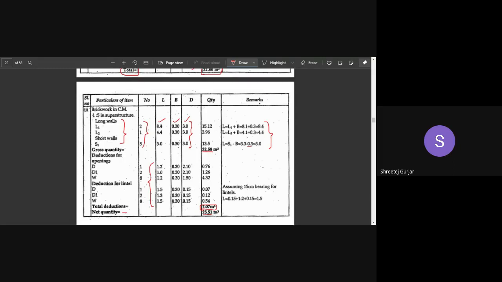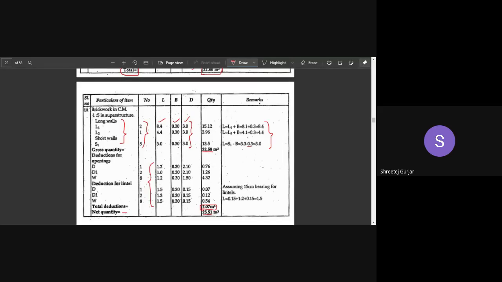Yes, deductions I will explain again, just a minute. I will explain how we have calculated deductions. The votes are almost equal. Some are saying centerline, some are saying long wall, short wall. So it is in between. Some talented students are saying both of the methods are easy.